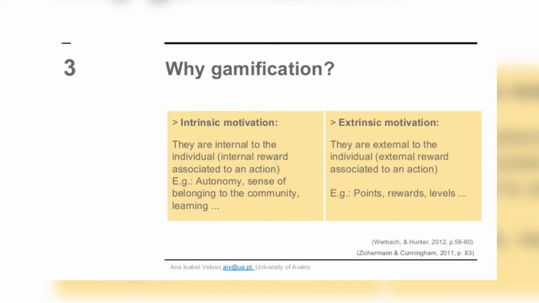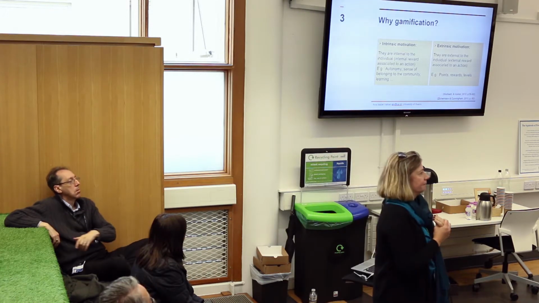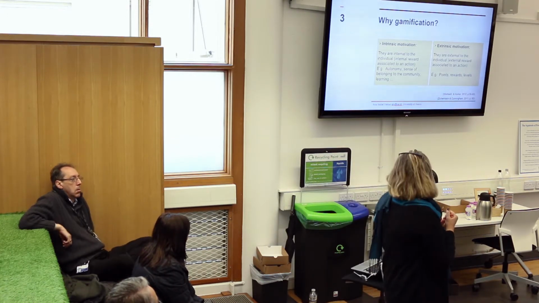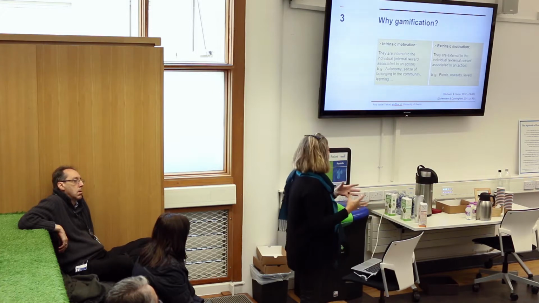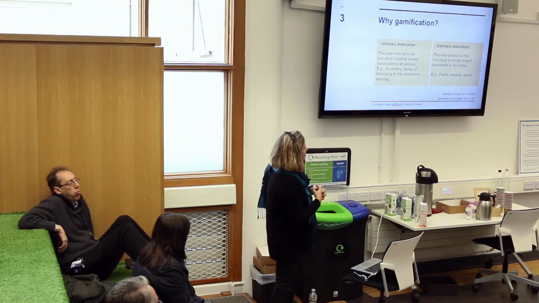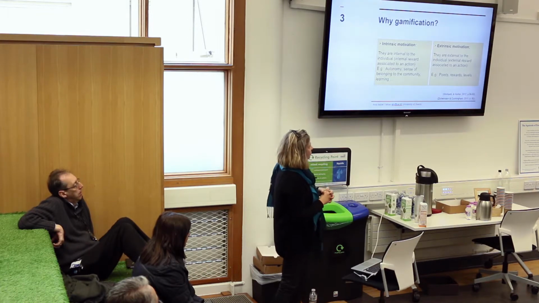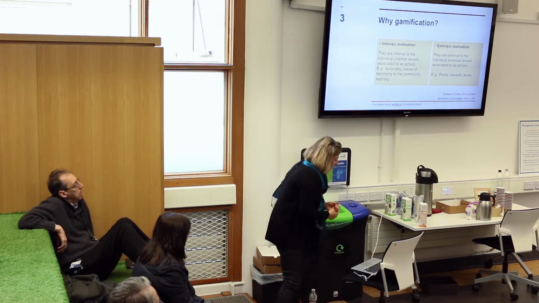Intrinsic motivation is the idea of the individual having an internal reward associated to some action, and you have to be autonomous to deal with this intrinsic motivation. Extrinsic motivation is related with rewards associated to a specific action.